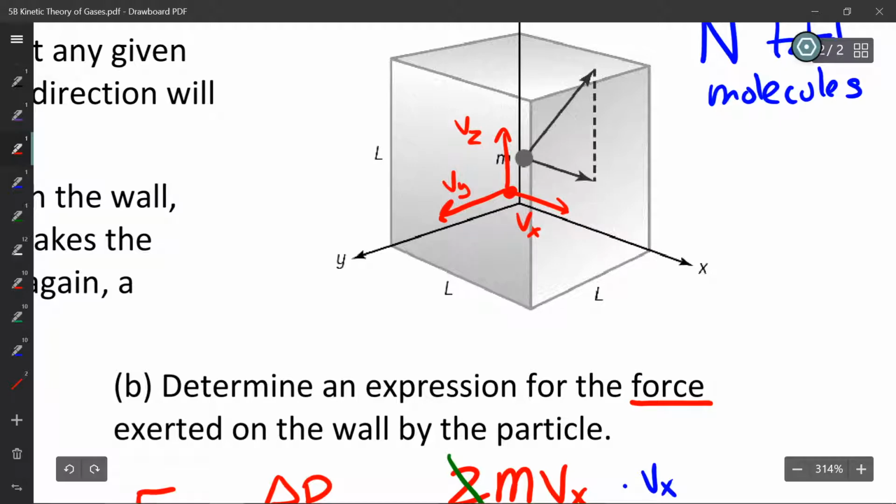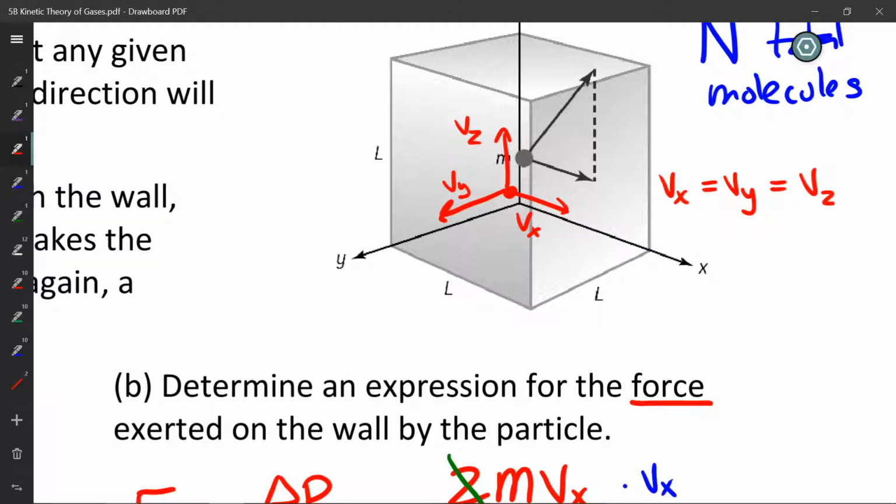Because the particles are moving in all these different random directions, we can say that all of these velocities are equal to each other: vx equals vy equals vz. There's no preference for the direction these particles move in.